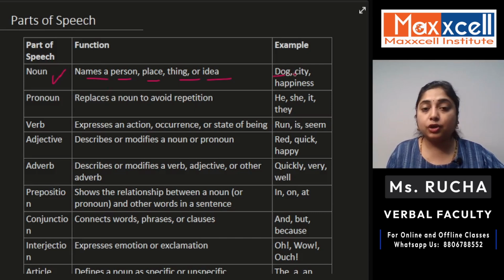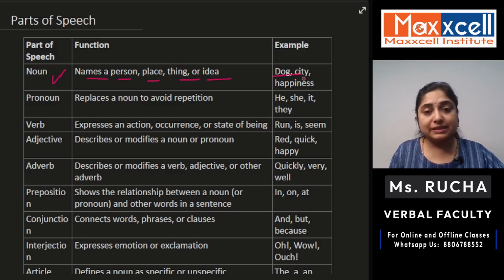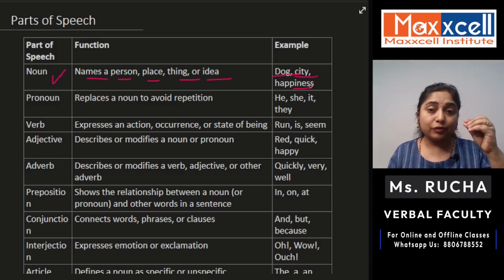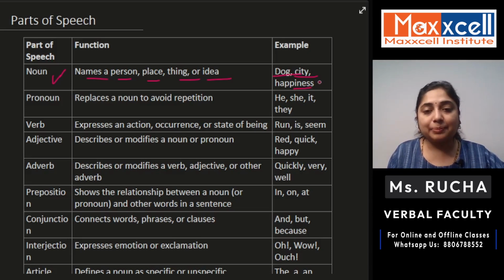When we say dog, dog is a common noun denoting a particular species of animal. City, again, is a common noun. Happiness is an idea, an expression. The name of that particular feeling is happiness, and that is the reason this word in itself is also a noun.